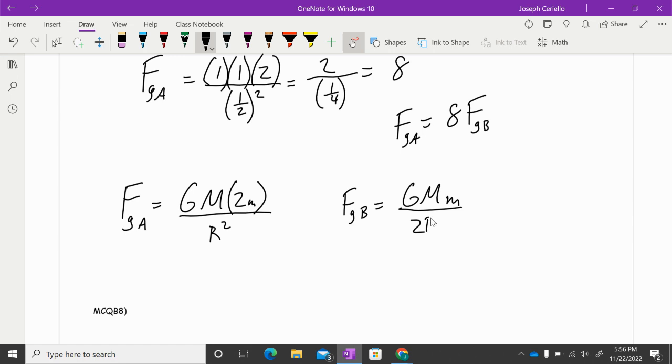And this is going to be 2R, that whole thing squared. It should be pretty easy to see that FGA is bigger than FGB. But it's nice to quantify it too and show that it's 8 times bigger.